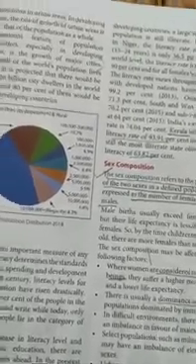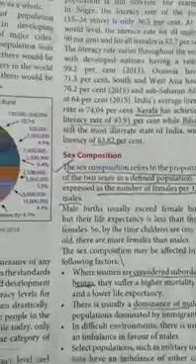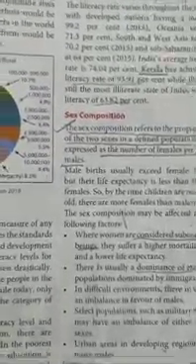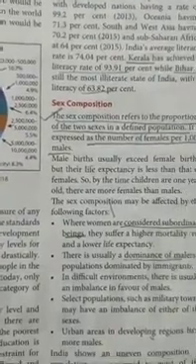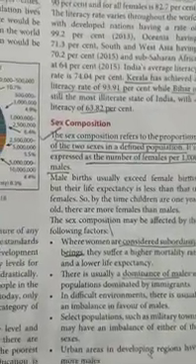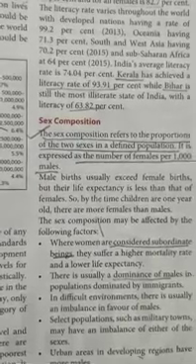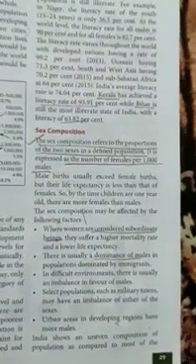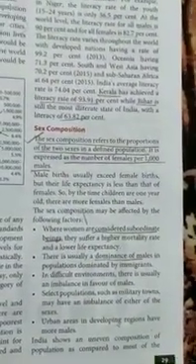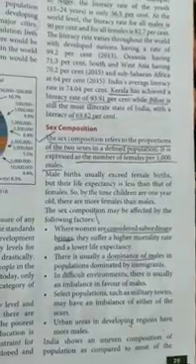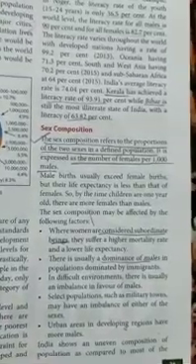The sex composition may be affected by the following factors. What are the factors that affect the composition of sex? One is that where women are considered subordinate beings, they suffer a higher mortality rate and a lower life expectancy. So in places where women are considered inferior to men, they suffer a higher mortality rate.